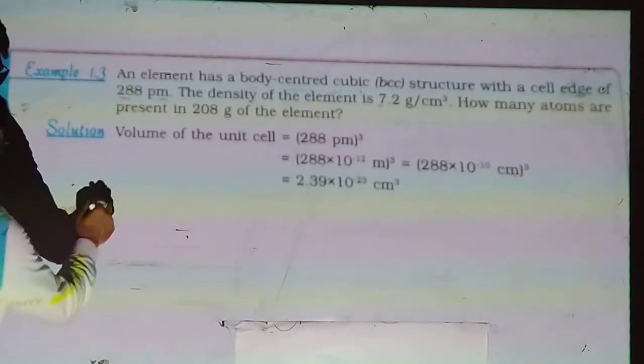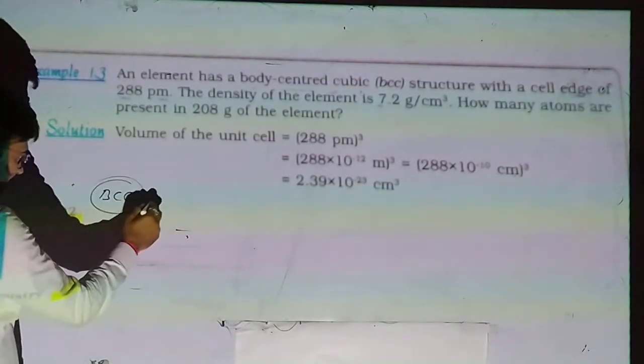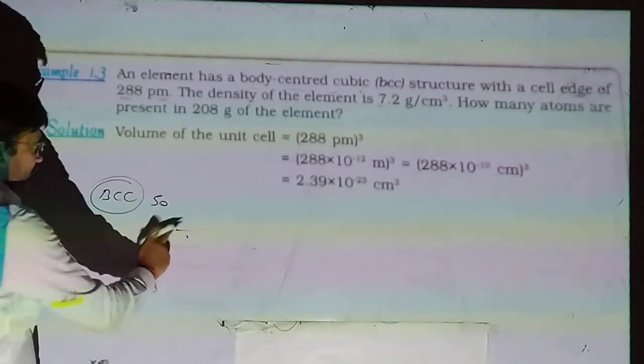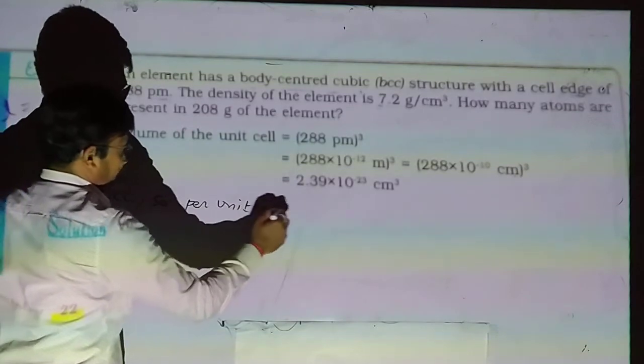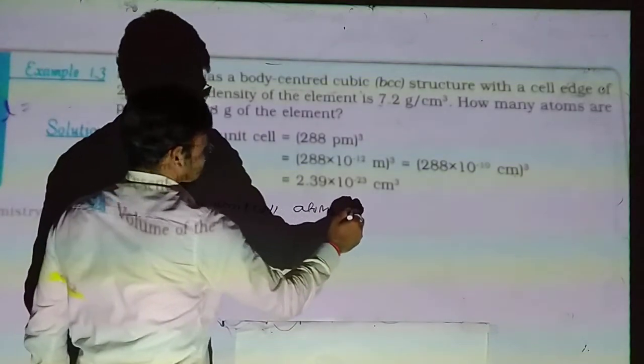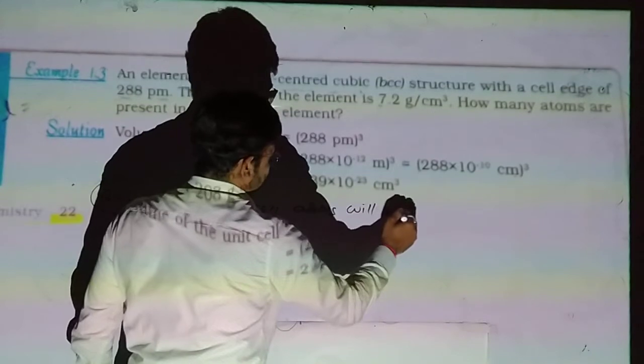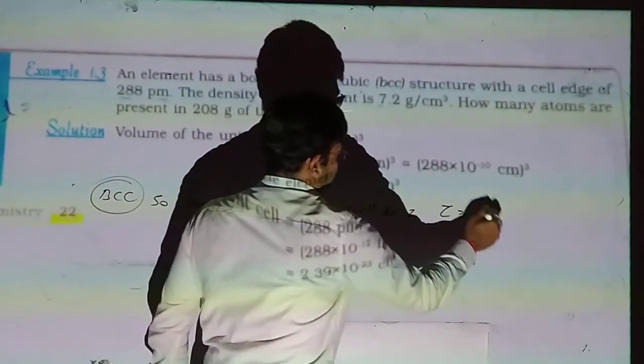First, our structure is BCC. So per unit cell, atoms will be 2. Is it clear?